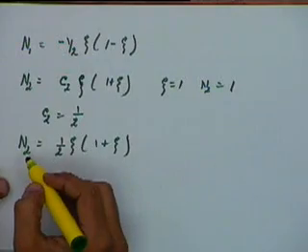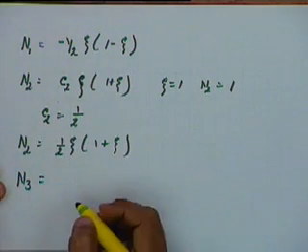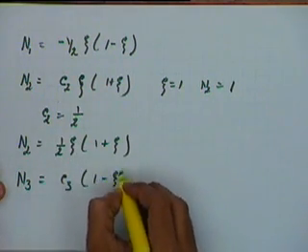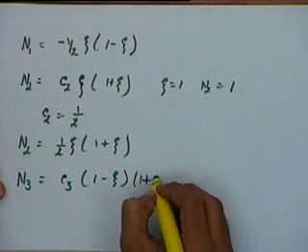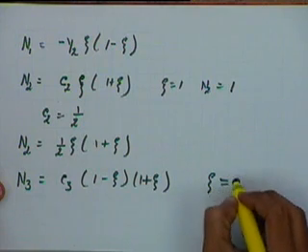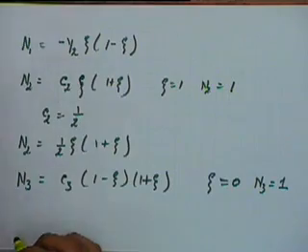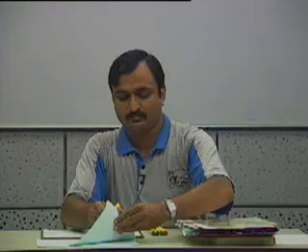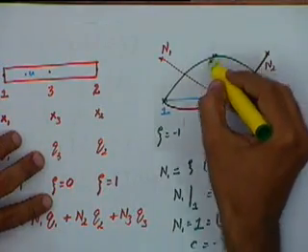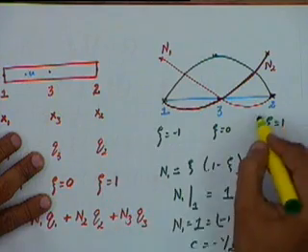Now we have got N1 and N2. Similarly, if you look at N3, N3 will be some constant C3 multiplied by 1 minus zeta into 1 plus zeta. And at zeta equal to 0, N3 is equal to 1. At zeta equal to 0 it is 1, and at both these endpoints it has to be 0. So we will have a term of 1 plus zeta and 1 minus zeta in it.